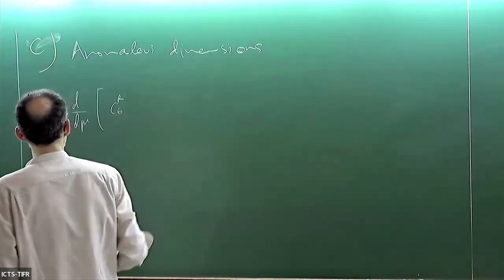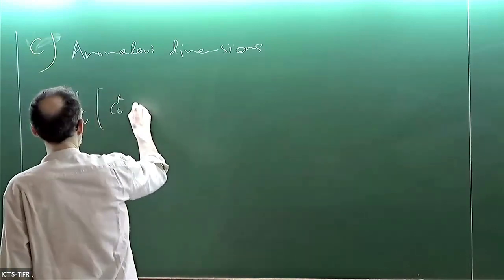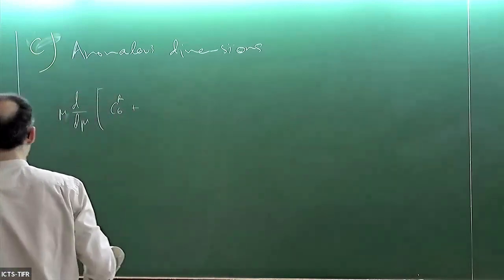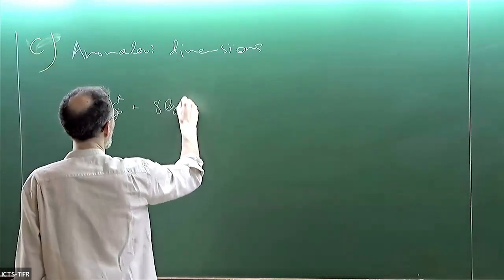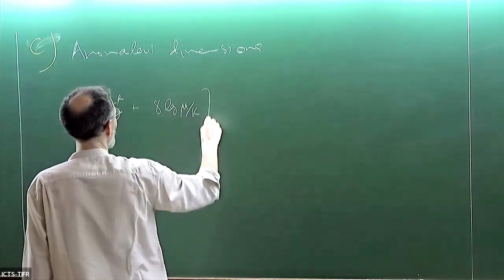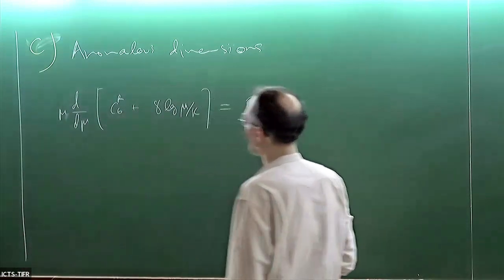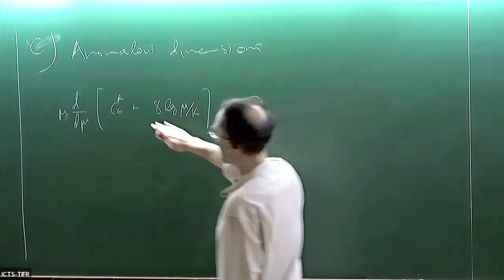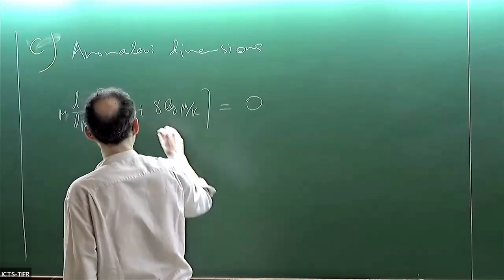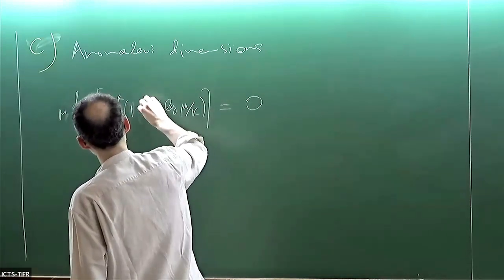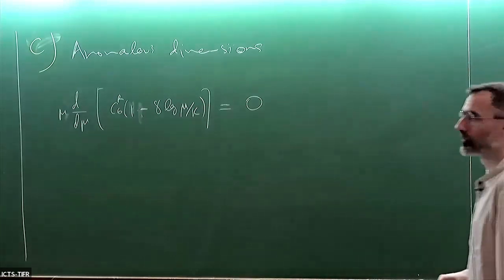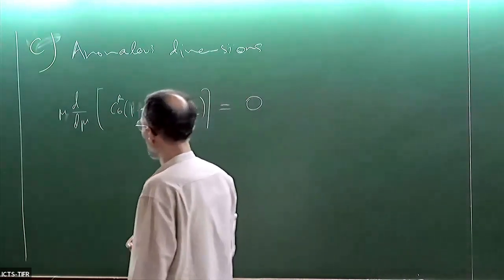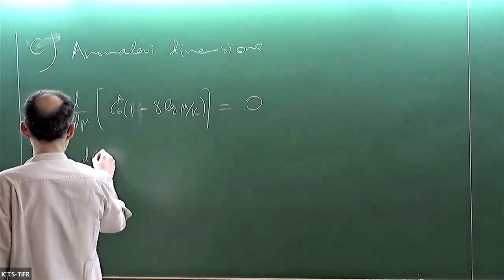The derivative with respect to mu of C6 plus the loop correction, which I've called log mu over k, is 0. Sorry, with my definition, that's 1 minus gamma. That will be a differential equation for C6.